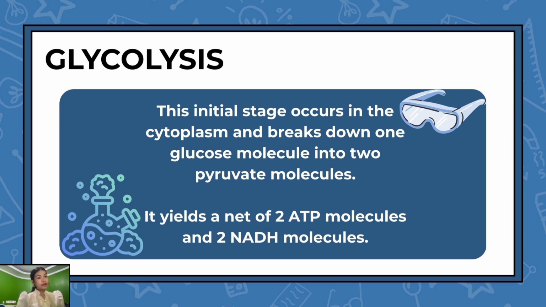Pyruvate is the end product of glycolysis. It is a key molecule to various metabolic pathways. To give you a brief explanation, glycolysis is the initial step of cellular respiration. It breaks down glucose into pyruvates.